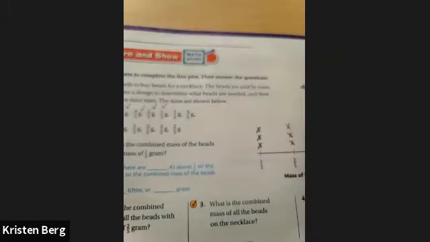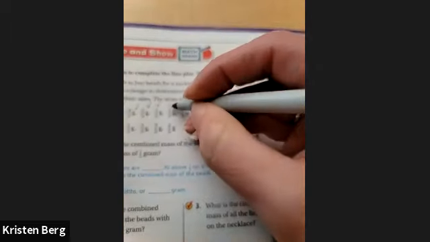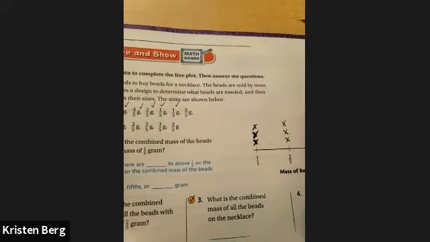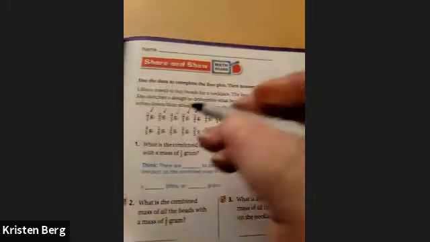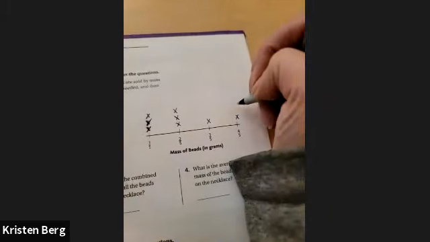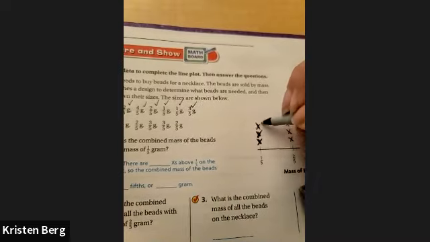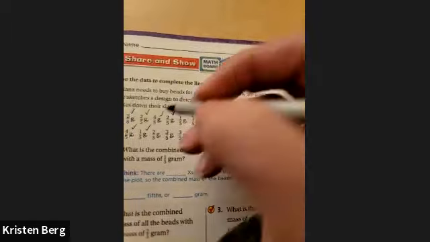then 1/5. So I'm going to just darken this one. Then another 1/5. Then a 3/5. Then another 4/5. Then a 1/5. Then 2/5.